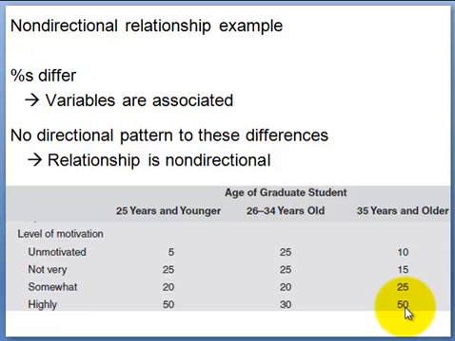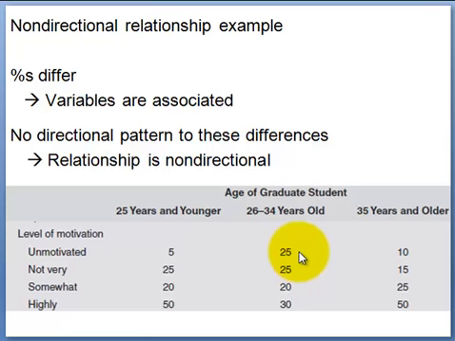So what we need to see now, in particular, let's hunt for: have we got a positive directional relationship? We want to look at whether as age group goes up, so also do the percentages of highly motivated students. Let's examine the unmotivated row. As age group goes up from 25 to the middle age group, the percentage of unmotivated students is increasing.